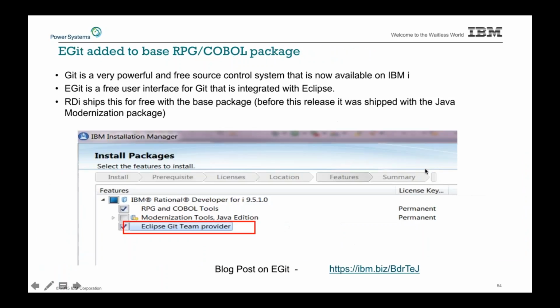Okay. One of the other things that we've added into RDI was the eGit plugin. So you can connect RDI very easily with a Git repository. We just talked about the GitHub stuff with our open source support on a previous slide.